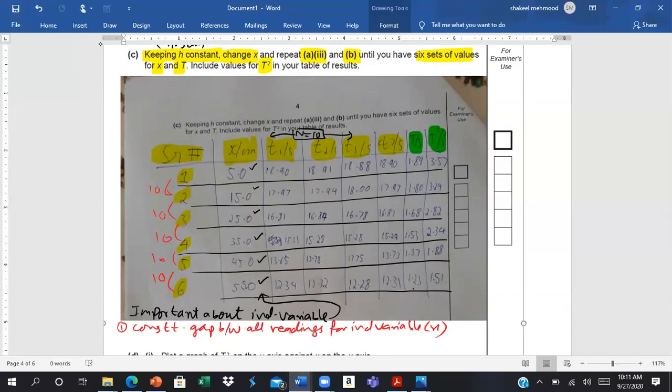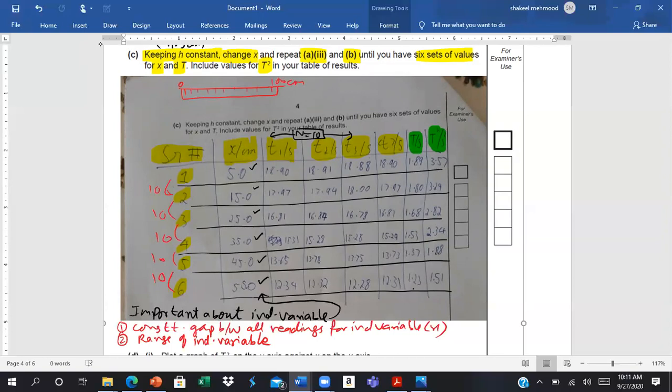Second thing is that your range should be good. Range of the independent variable. How will you see what the range should be? Look, you are going to measure x using a ruler, and the ruler has 100 centimeters, right? So you have used the ruler from 0 to 100 centimeters.